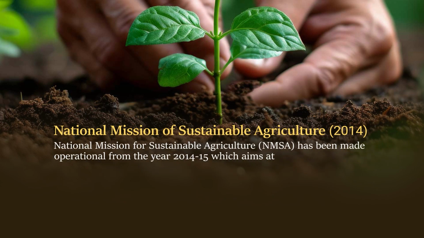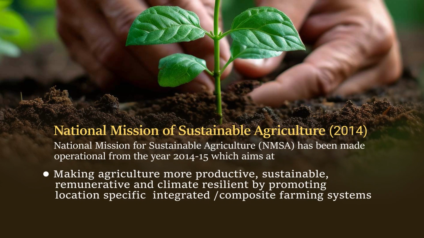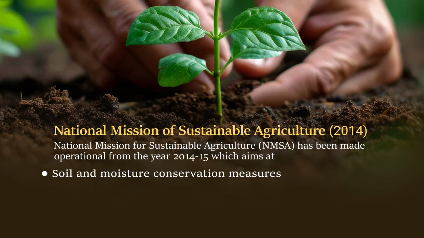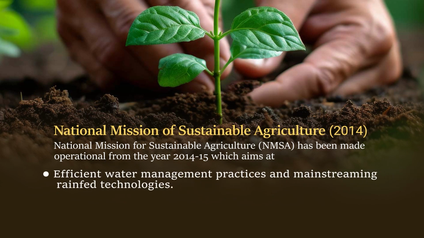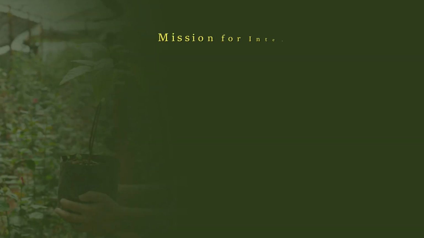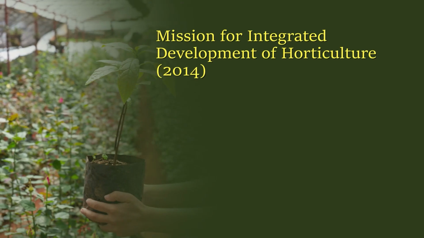The major aim is making agriculture more productive, sustainable, remunerative, and climate resilient by promoting location-specific, integrated composite farming systems that include soil and moisture conservation measures, comprehensive soil health management, efficient water management practices, and mainstreaming rainfed technology. The Mission for Integrated Development of Horticulture was introduced in the year 2014.